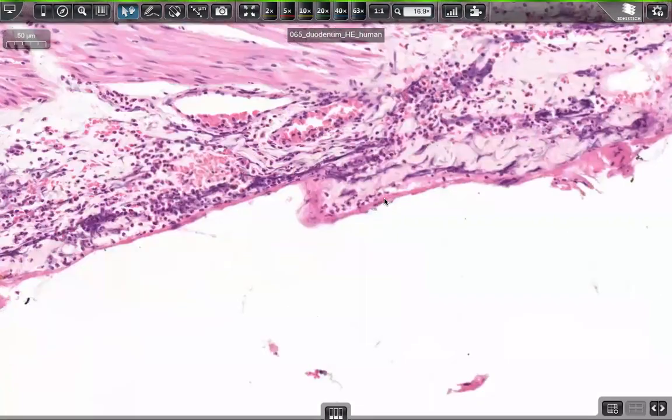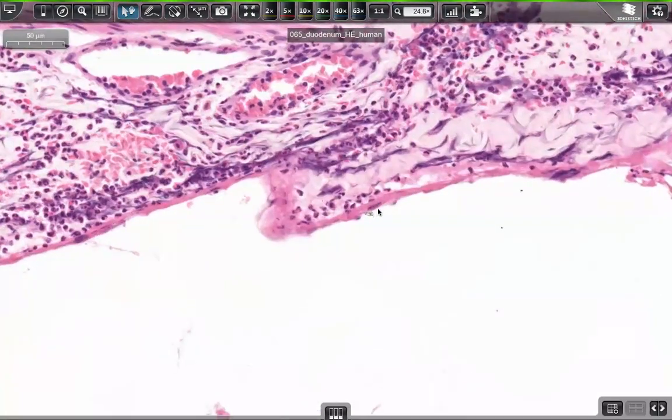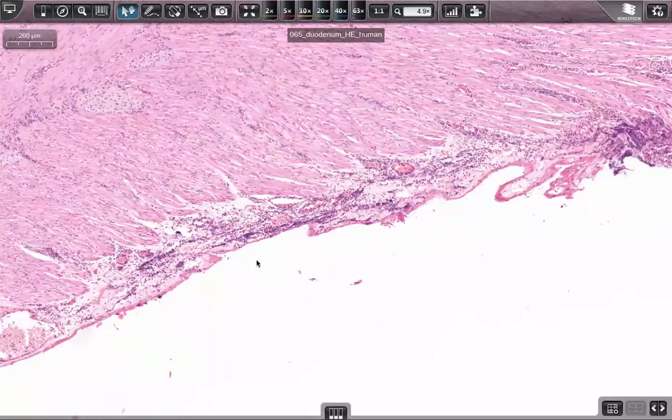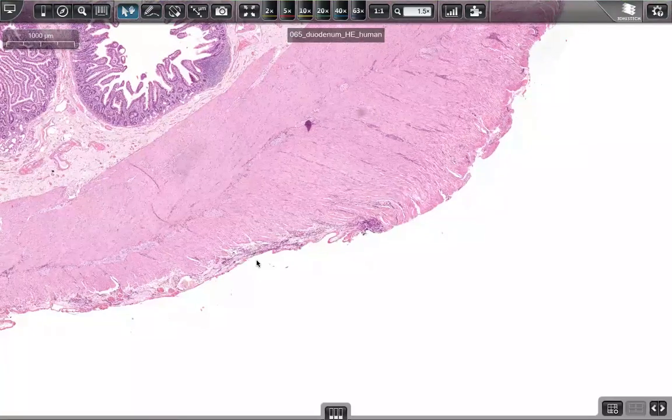So maybe it's a part of it, because here I can see some flattened nuclei at the surface, and there is a sharp border. So now we can, you know, the superior part of the duodenum is covered by serosa, but the descending, inferior horizontal, and ascending parts are uncovered.